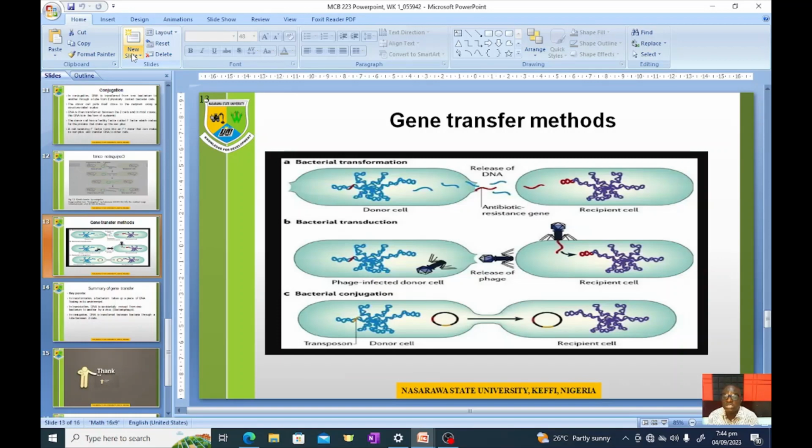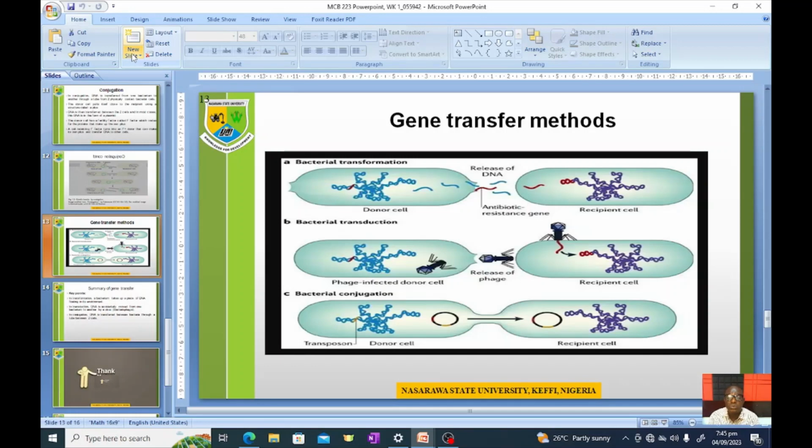Any such genes can be transmitted, such that a cell that was not resistant to any antibiotic may be made resistant to a particular antibiotic, courtesy of this type of recombination, a donation from the one that has it to one that did not originally have the resistance gene, and it will continue preventing the effect of such antibiotic in such an organism when it affects another person.